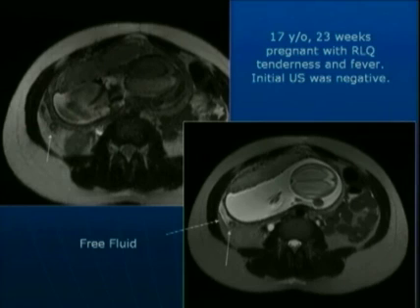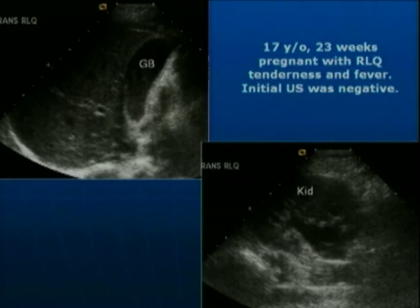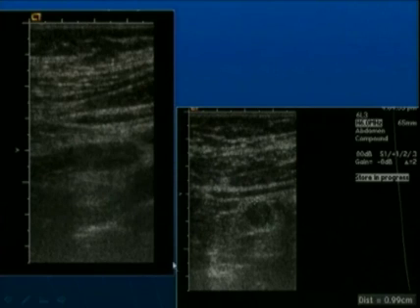Another case that we had, in which we went back and forth, there was some uncertainty because this appendix, as you see here, there's free fluid, but as they measured it out, it measured about 8 millimeters. There was some uncertainty. So what I did, I said, I will look exactly there. We had a localizer already. So I looked first at the gallbladder, then I looked at the kidney, not jumping to the conclusion that this was acute appendicitis. And then later I found this blind-ending tubular structure.